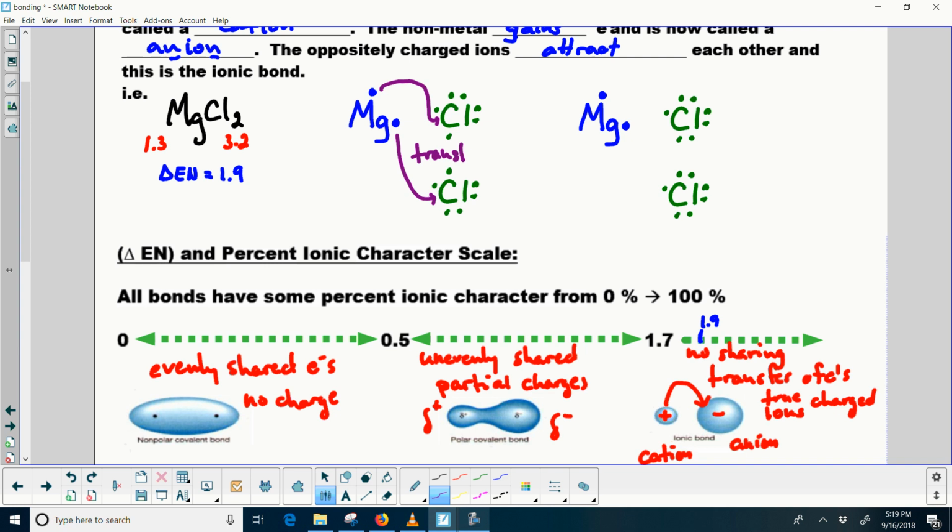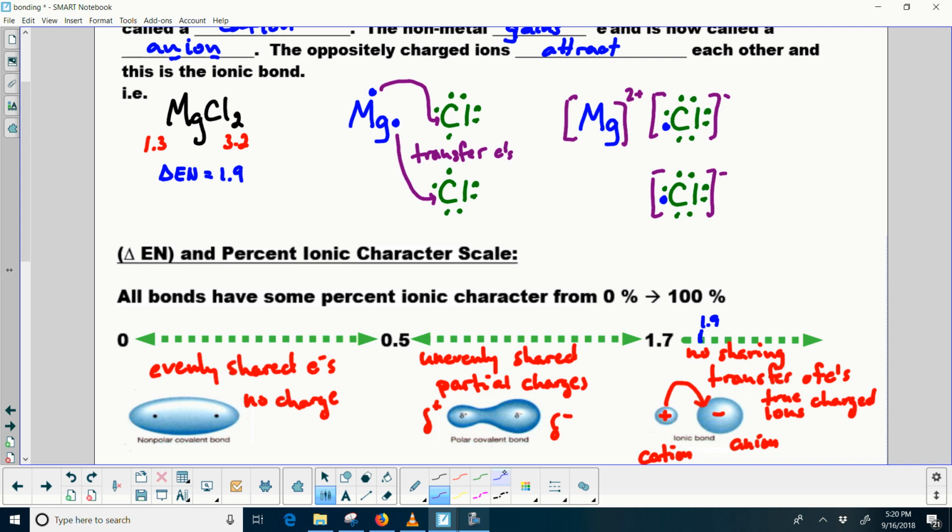And because we have this transfer of electrons, magnesium has become stable, but in the process, it's lost 2 electrons and it has become charged. So it has a charge of 2 positive. And each of the chlorines has picked up 1 electron, so each chlorine has a charge of 1 negative.